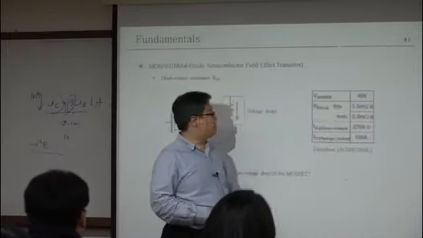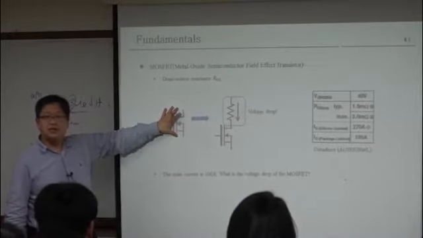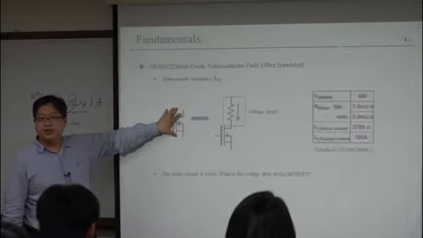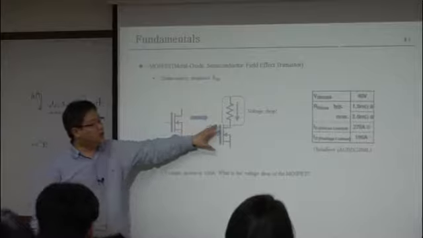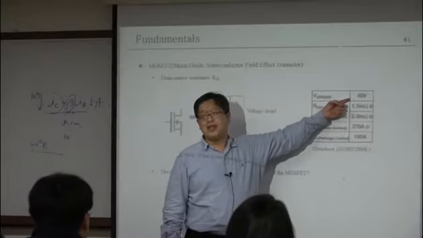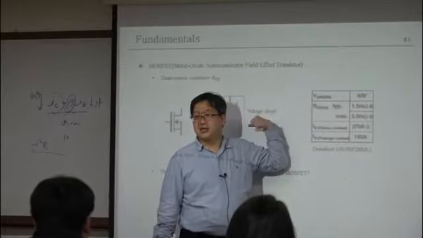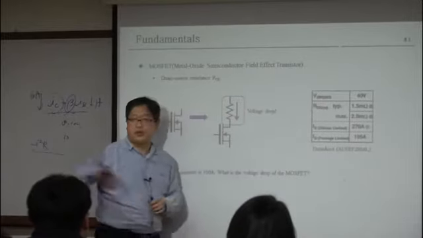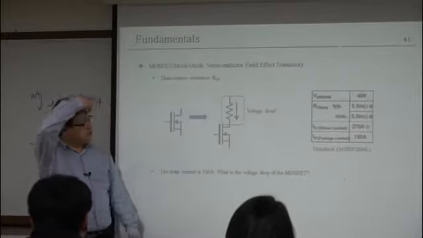It means the maximum voltage across the VDS is 40 volt. In this case, your typical operation range of this MOSFET is less than 20 or 30 volt. Although your voltage rating is 40 volt, you cannot use a 40 volt DC link in this case. Your DC link voltage should be much less than the maximum voltage rating.